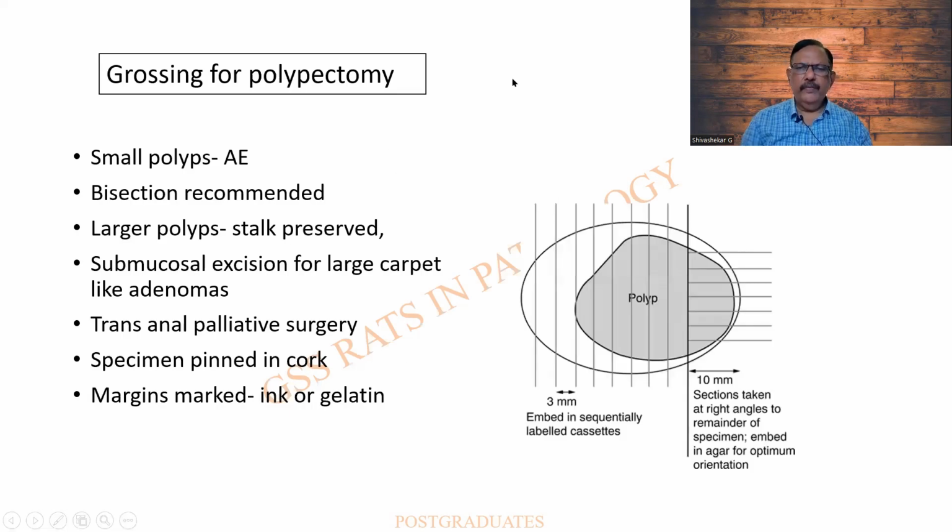For the polyp itself, there are different procedures for grossing. What happens is, if this happens to be the superficial surface and multiple cross sections are being taken, this is against my school of thought. I used to take a clean longitudinal section through the stalk, but this is one.